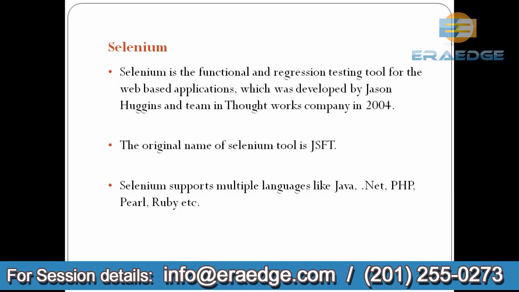Later on, with some modifications, we can also use PHP, Ruby, .NET with Selenium. Selenium supports multiple languages like Java, .NET, PHP, Perl, Ruby, Python, Pascal, etc. A lot of technical languages Selenium is going to support.